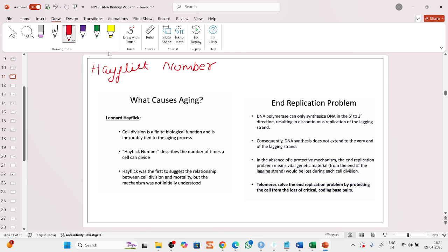The Hayflick number describes the number of times a cell can divide. This is important. Hayflick was the first to suggest the relationship between cell division and mortality, but the mechanism was not initially understood. So how many times a cell can divide, that is your Hayflick number.